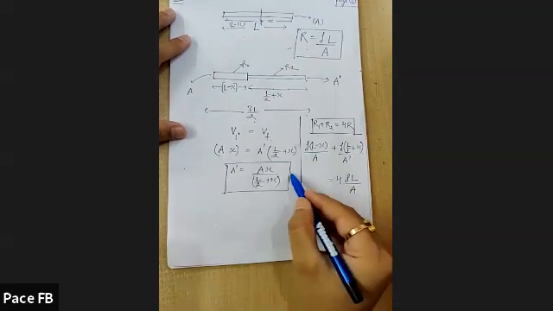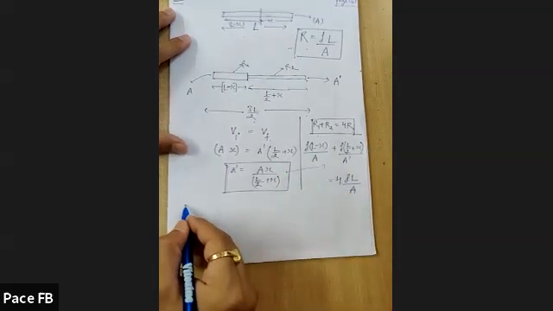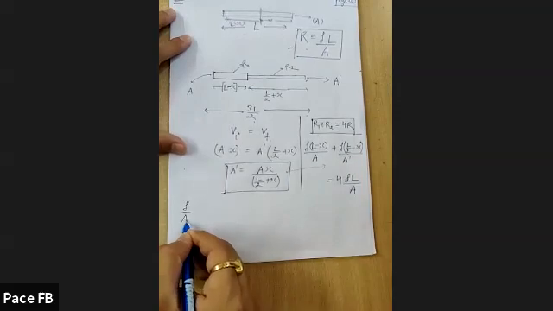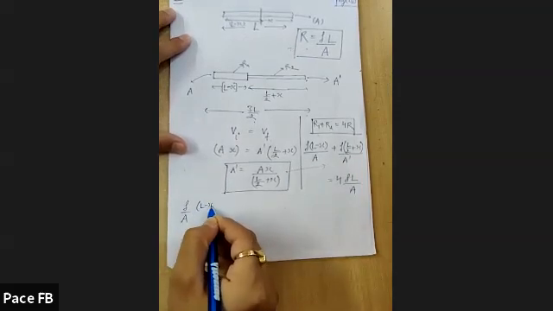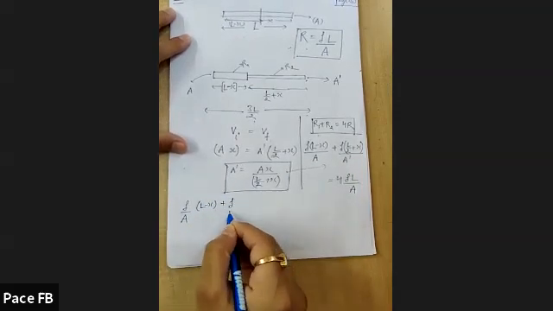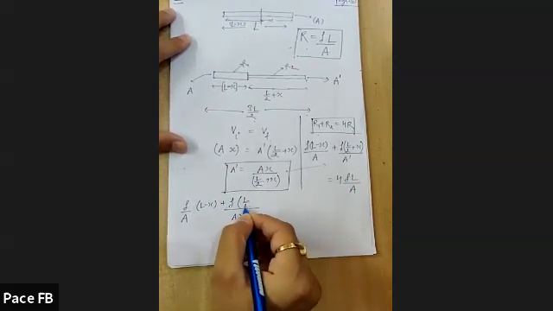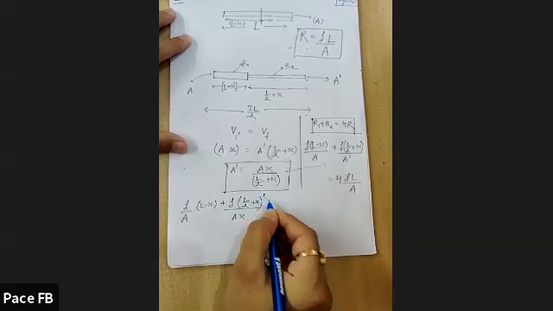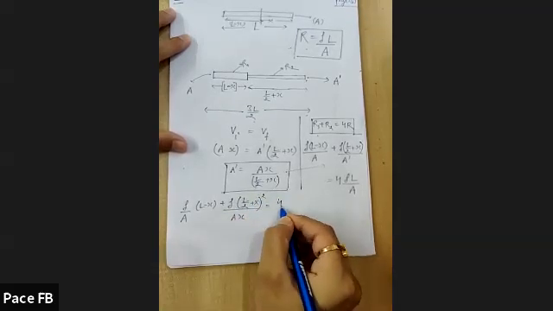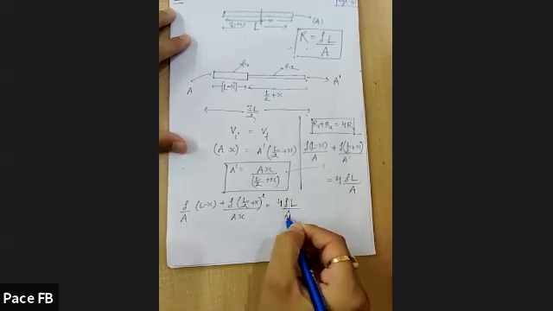Now you can put the value of A dash here. So rho by A into L minus X plus rho upon A dash, so it would be AX upon L by 2 plus X whole square, and that should be equal to 4 times rho L upon A. So what can you cancel out?